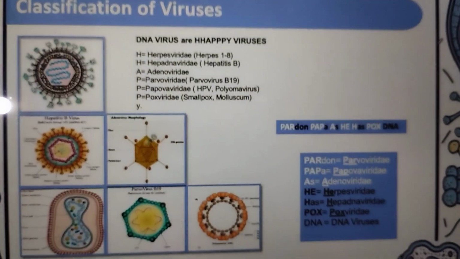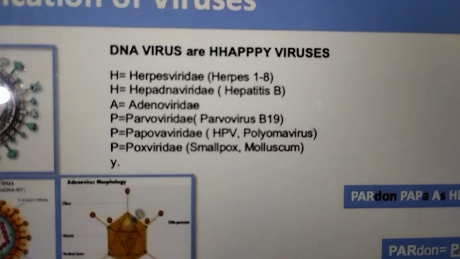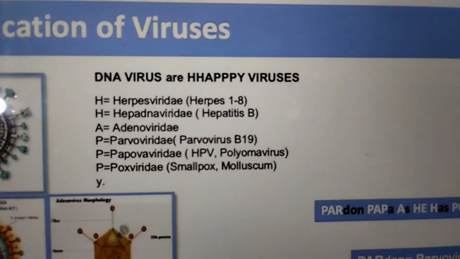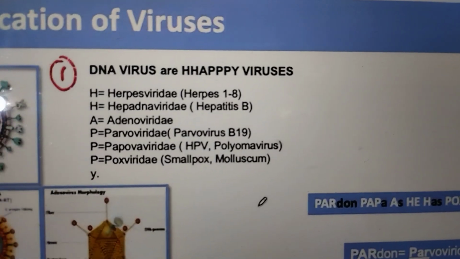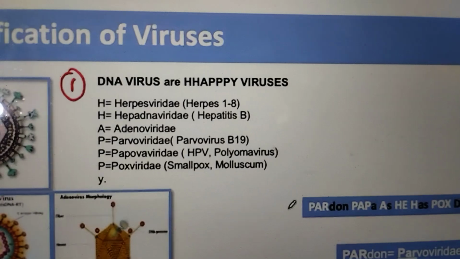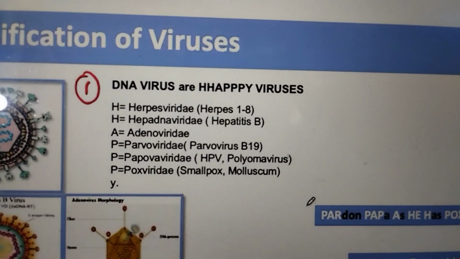Okay, this is the mnemonic for your DNA viruses. We have 6 DNA viruses. There are 2 mnemonics. The first one is: the DNA viruses are happy viruses. And the second mnemonic is: pardon Papa as he has pox DNA. So it's up to you which mnemonic you want to use.